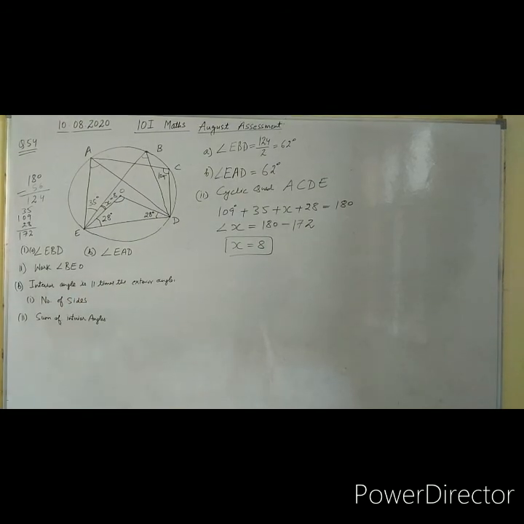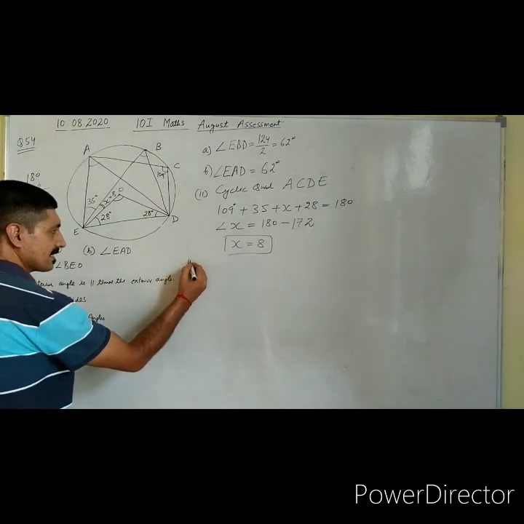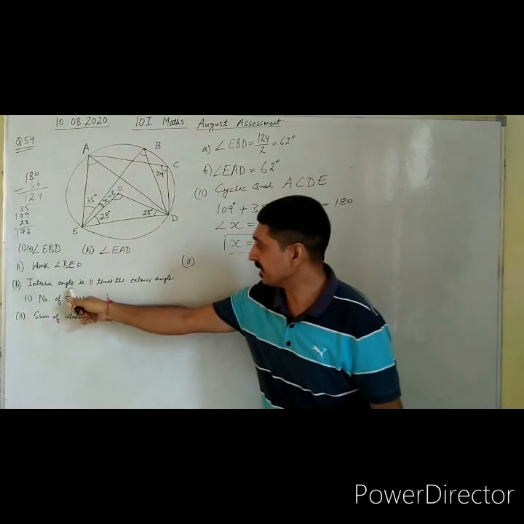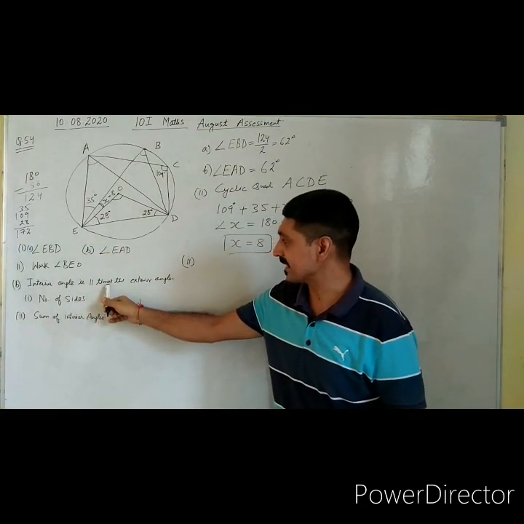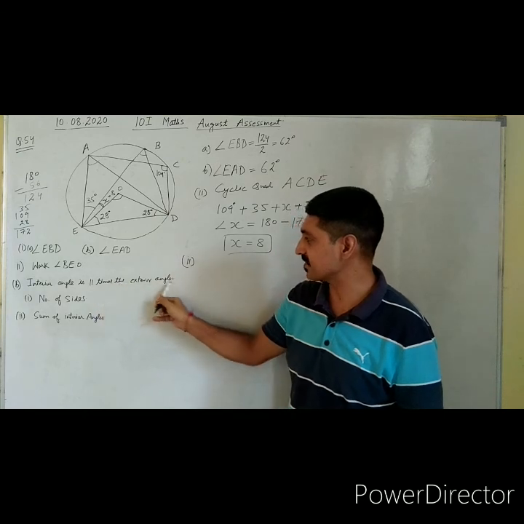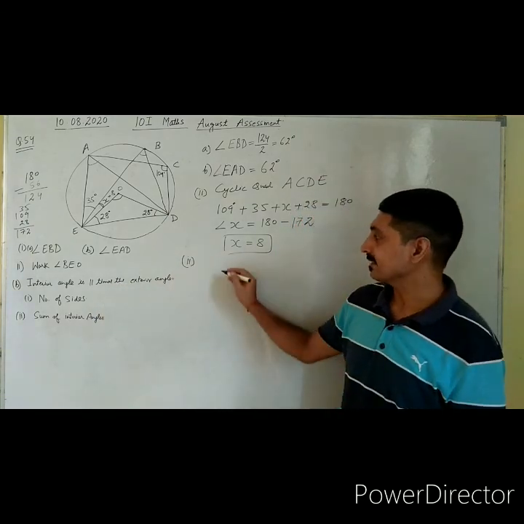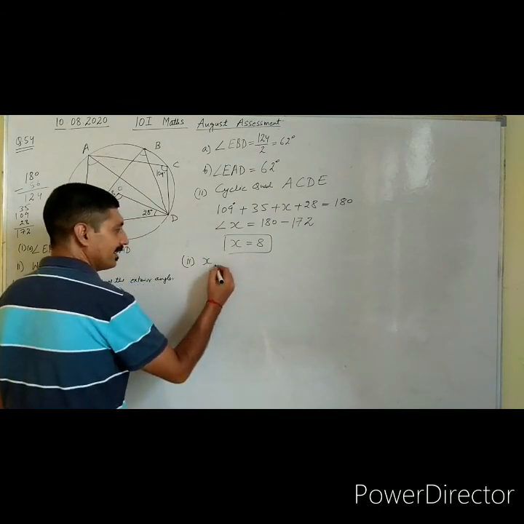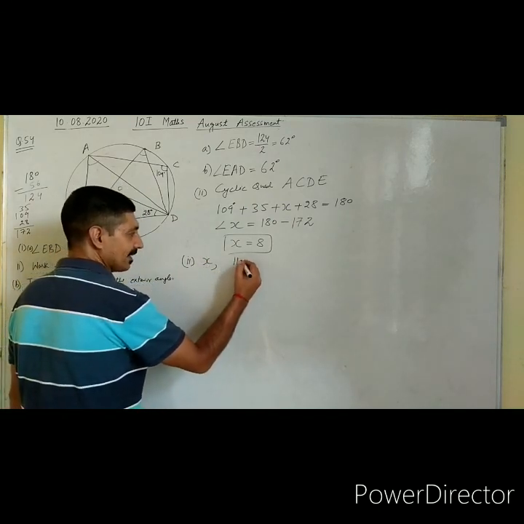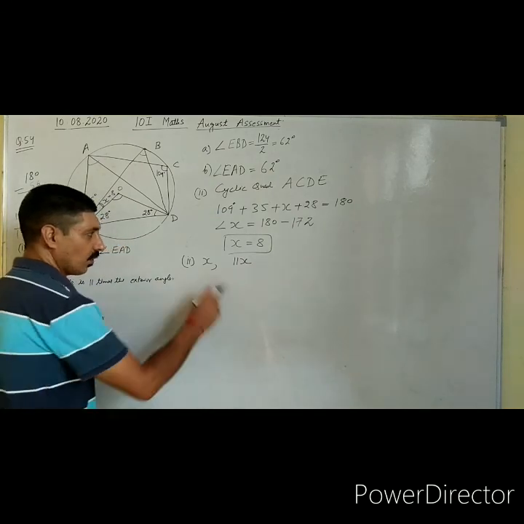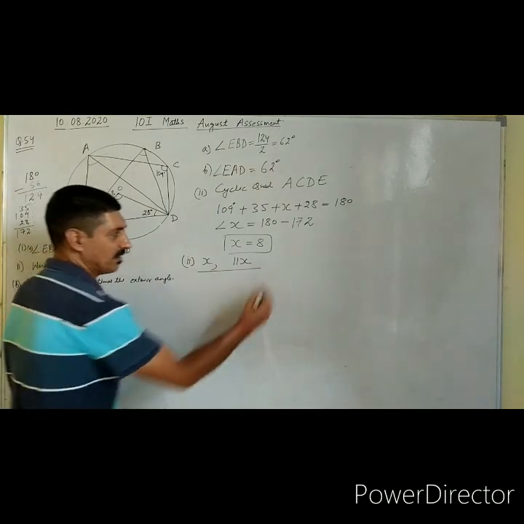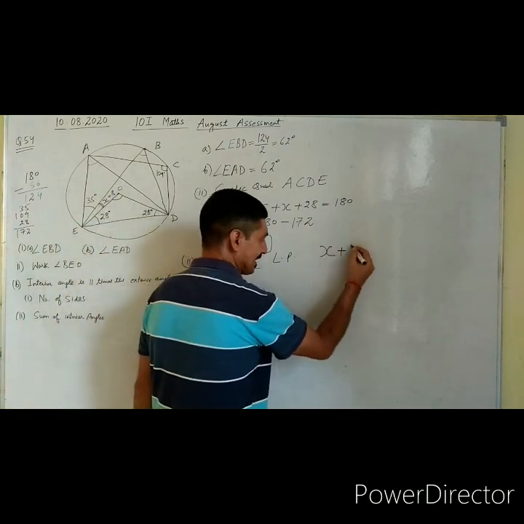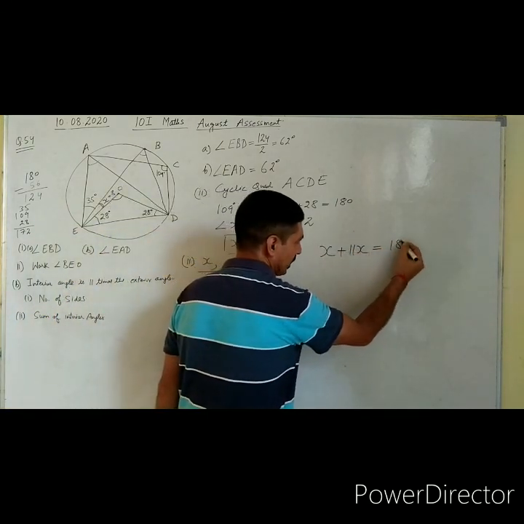Now the second part of this question is related to the regular polygon. The interior angle is 11 times the exterior angle. Let the exterior angle be x, and the interior angle is 11 times x. We know this is always a linear pair of angles, so x plus 11x is 180 degrees.